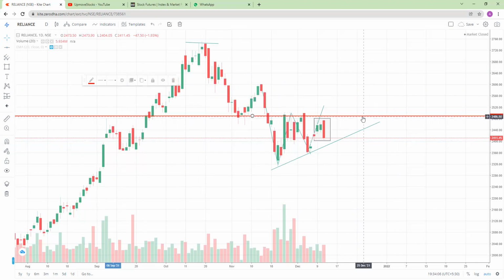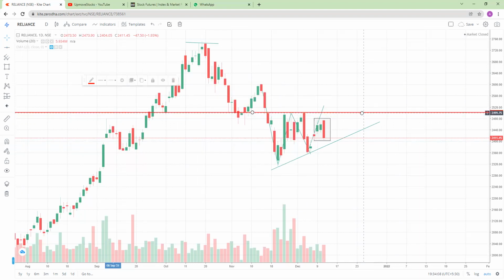We can see it is coming back again and again from this level. It touches, it goes. So Reliance might touch this level and then come back again. You will see that a particular type of triangle is forming here. So this is another technical chart pattern that you may see in the future in Reliance.